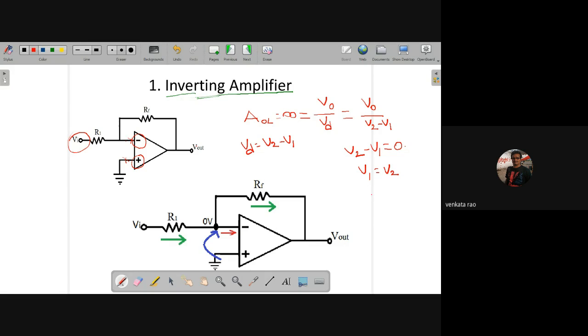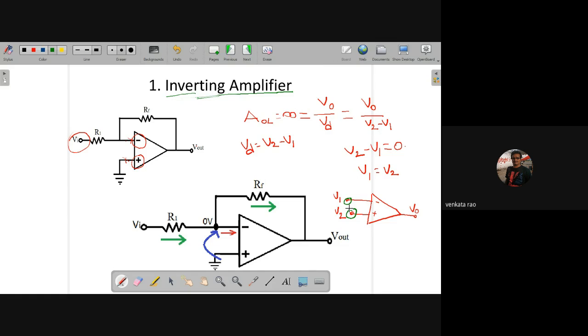So whenever your op amp is, if you take the op amp like this, we apply AOL as the open loop voltage gain. This is negative, it is positive, and we are calling it V1, it is V2. This is output. Now you can write directly: whatever the voltage here, here also the same voltage.